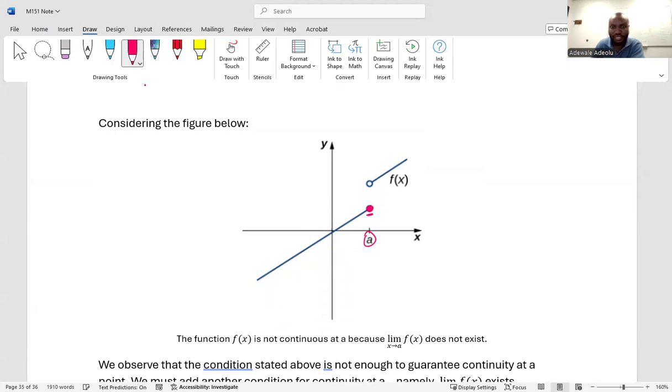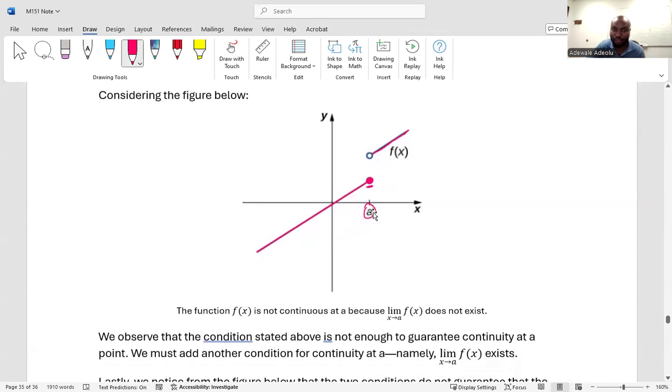However, if we trace this graph as it is, although it is defined here, I still need to lift my pen to continue here. What that tells us is that it is not enough for that function to be defined at A. We need something more. So we say this function is discontinuous at point A.